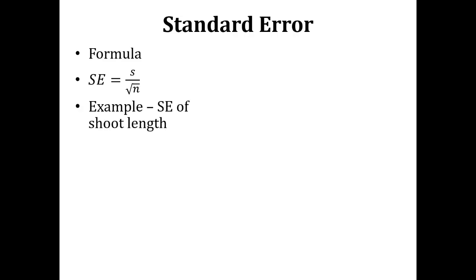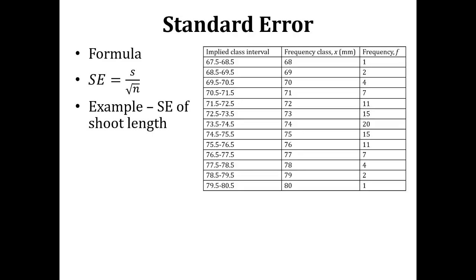And we are going to take the example of the shoot length. So here we have the frequency table for the shoot length distribution, and here you can see that we have 100 observations, and the lowest observation is 68 and the highest observation is 80, and then we have their frequencies mentioned here, right?